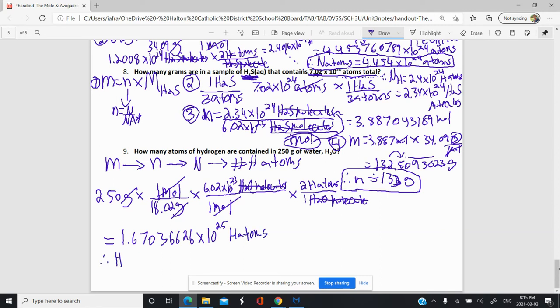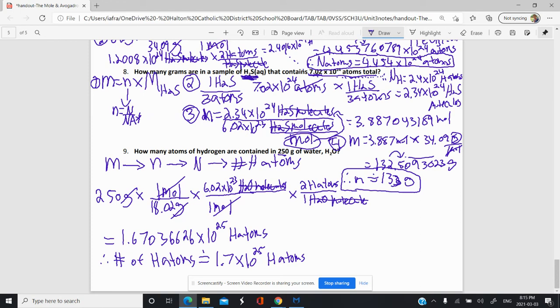Therefore, number of H atoms is approximately, we need two sig figs, 1.7 times 10 to the power of 25 H atoms. So that is just using conversion factors.